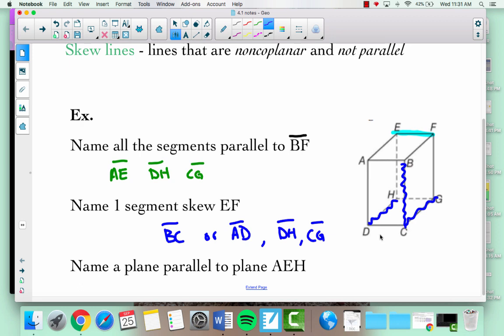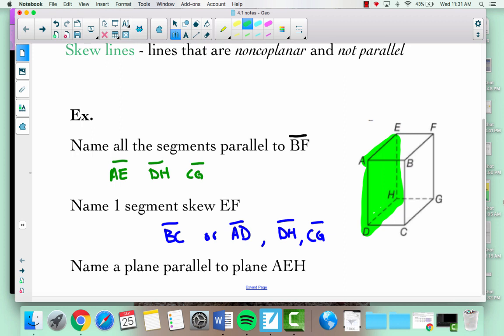Okay. And then the last one, name a plane that is parallel to the plane AEH. Remember, when we name planes, we use three letters, but we're really talking about an entire side. So if I'm talking about the plane AEH, I'm talking about this entire left side here. Okay, so this whole left side.